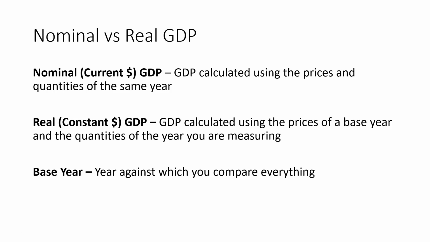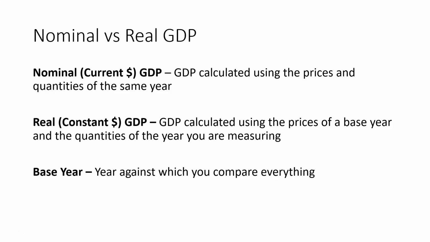So let's say 2010 is our base year. So to calculate real GDP for 2018, we take the quantities that were produced or sold in 2018 and we multiply them by prices of the goods in 2010.